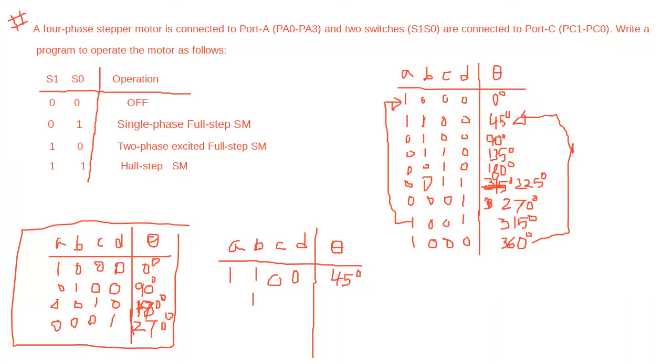Then B and C on only, another 90 in between, so it will be 135.